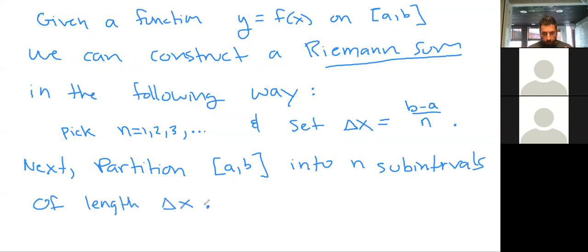So if you remember, if you take your time machine and go back to last week, when we did this example, [a, b] was [0, 1] and n was 4. So we broke [0, 1] into 4 pieces. What we're saying is it doesn't matter how many pieces you choose. As long as n is a positive integer, I can break it into 4 pieces, 1,000, 6, 25. It doesn't matter.